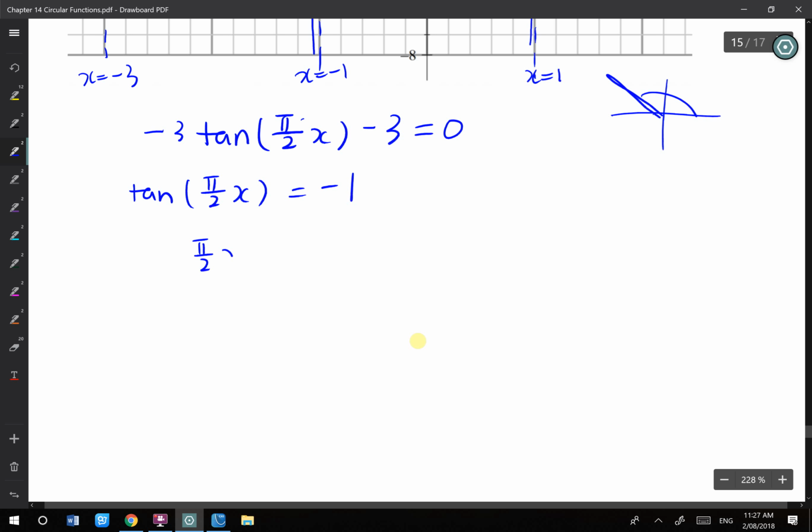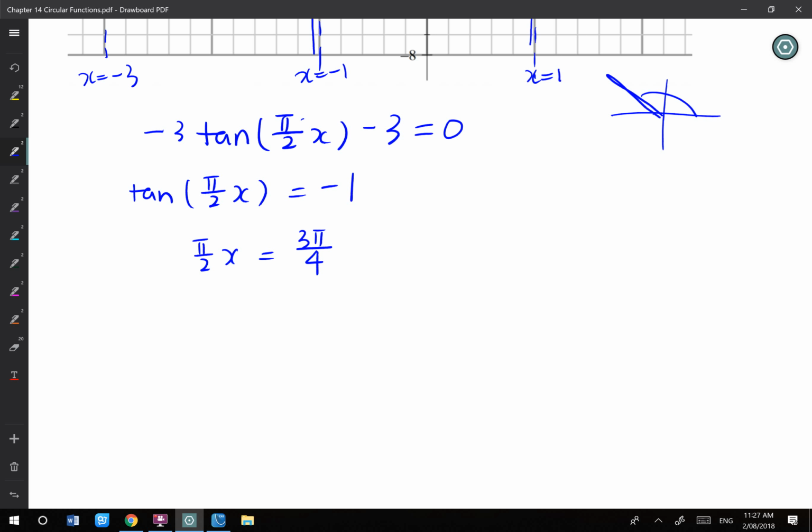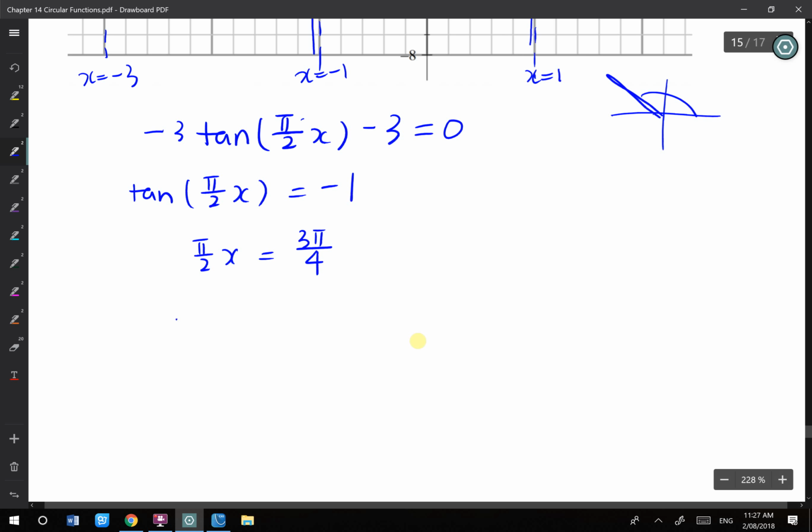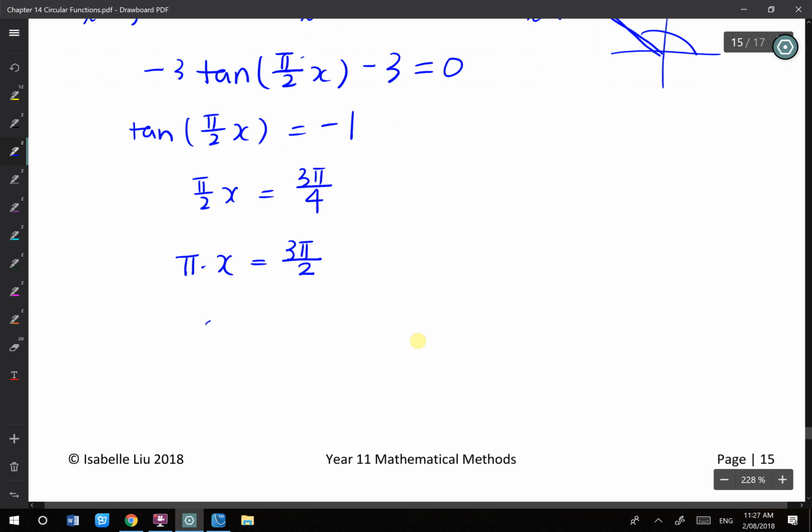So pi over 2x equals to 3 pi over 4. That's the -1 value. We can times 2 on both sides first. We get pi x equals to 3 pi over 2. And we can divide pi on both sides. We have 3 pi over 2.